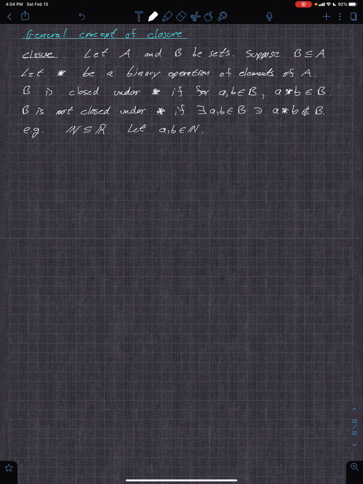Just to remind you what the naturals are: 1, 2, 3, etc. So if star was the operation addition, are the naturals closed under addition?